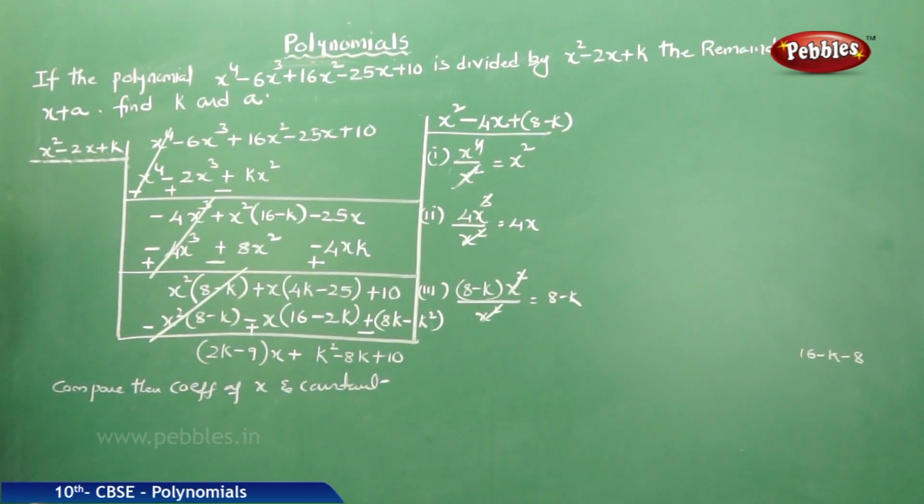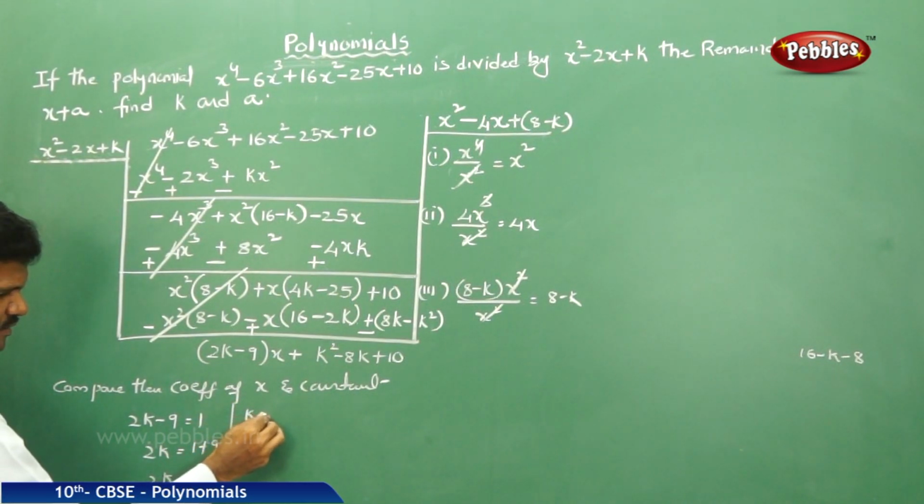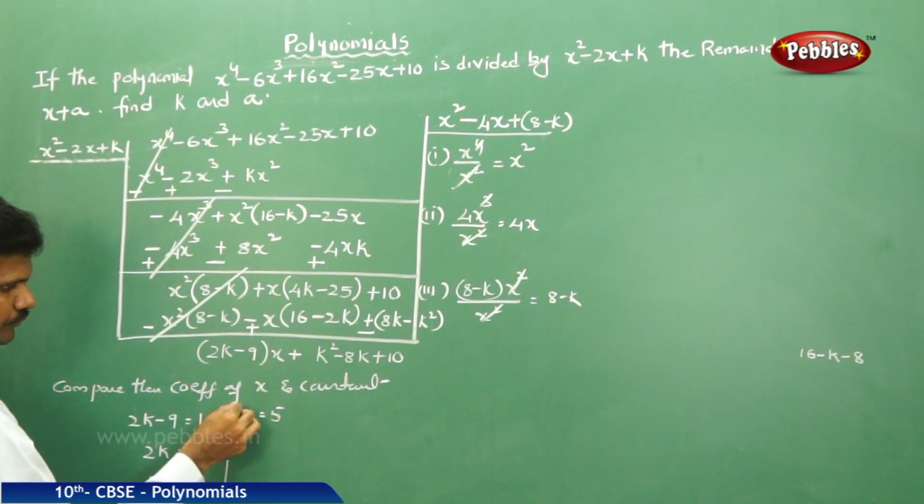That is, 2k minus 9 is equal to 1, 2k is equal to 1 plus 9, 2k is equal to 10, that is k is equal to 5.